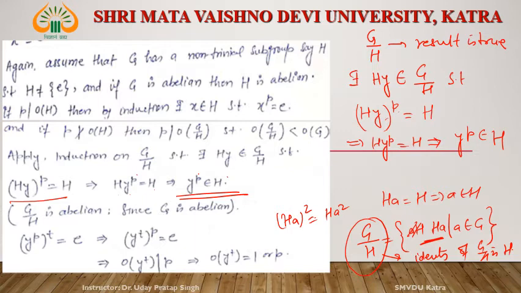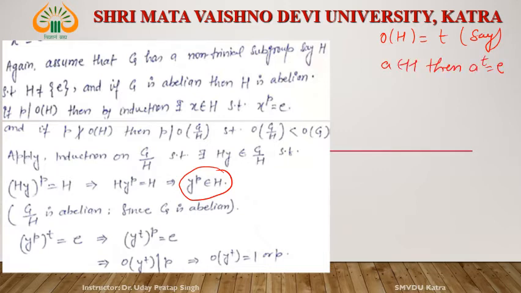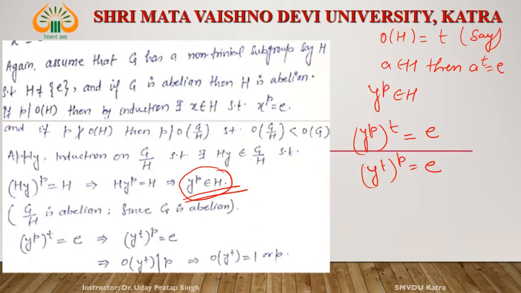Next, y^p belongs to H, but what is the order of H? We don't know. Say it is t. If a belongs to H, then we also know that a^t is the identity. What is y^p? y^p belongs to H, then (y^p)^t is equal to identity, and this is written as (y^t)^p equal to e.